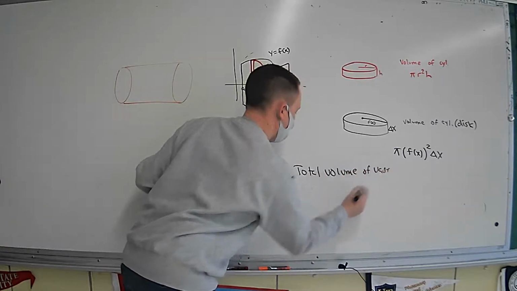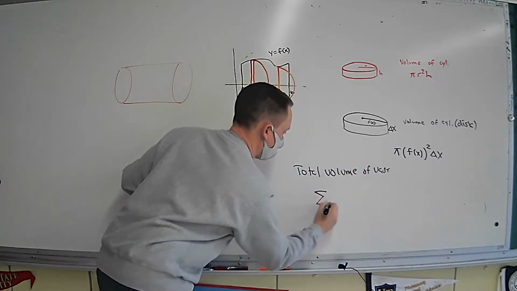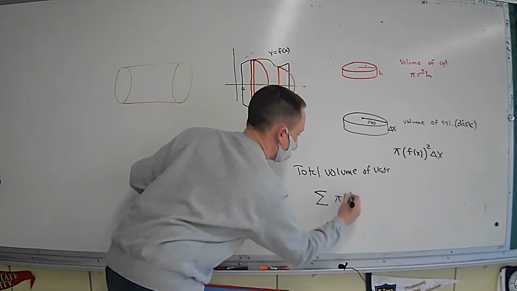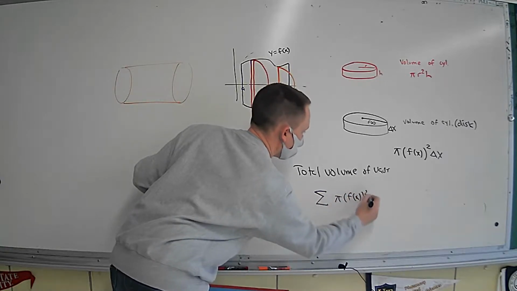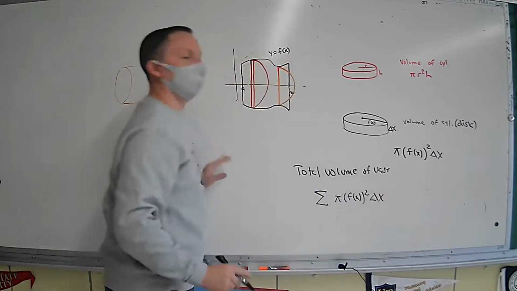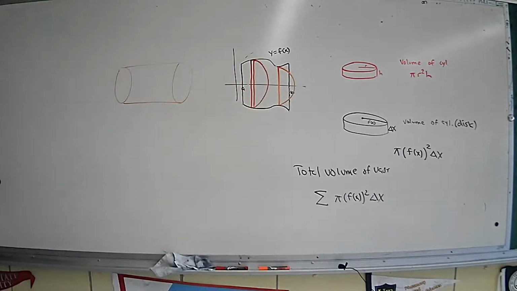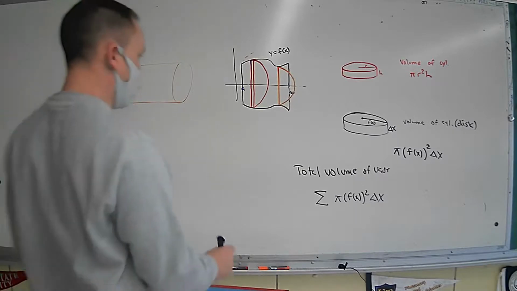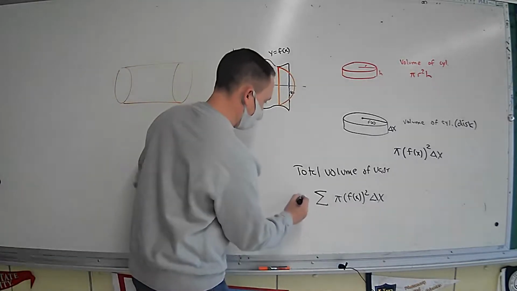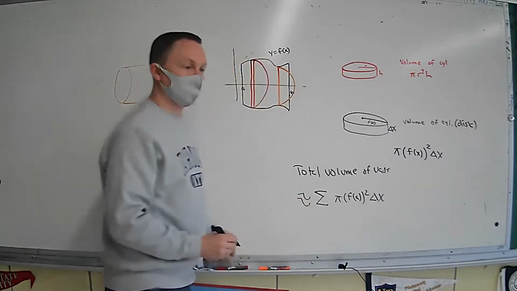Well, wouldn't that just be, just add up all of those volumes? How many do you want? 1? 10? Doesn't matter. But the total volume of the vase, this is still, friends, an approximation.